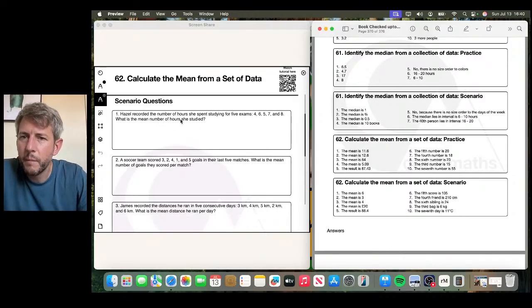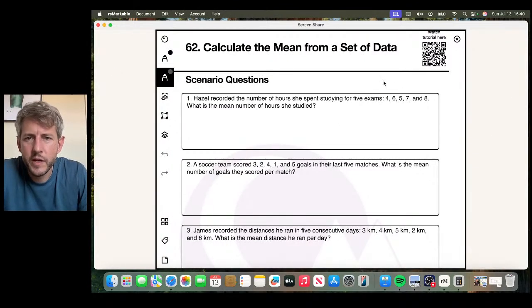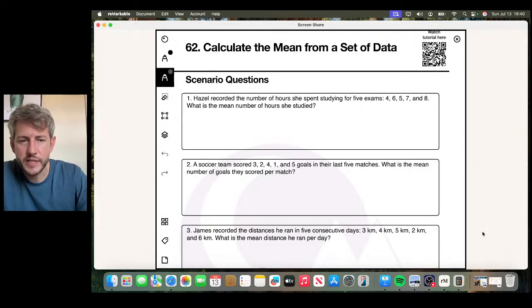Hazel recorded the number of hours she spent studying for 5 exams: 4, 6, 5, 7, and 8. Let's enlarge that. We just need to find the mean of those.